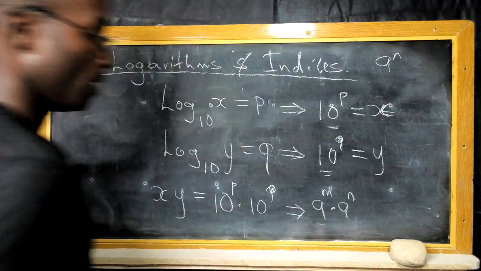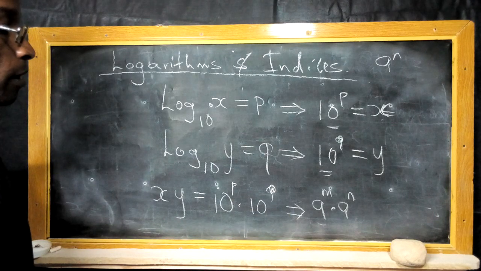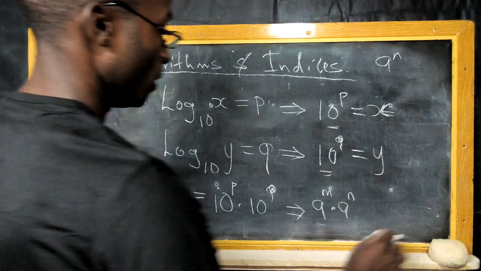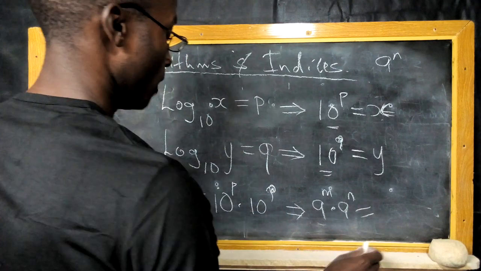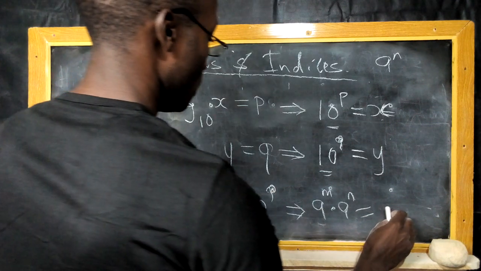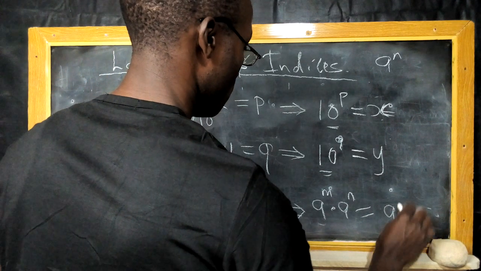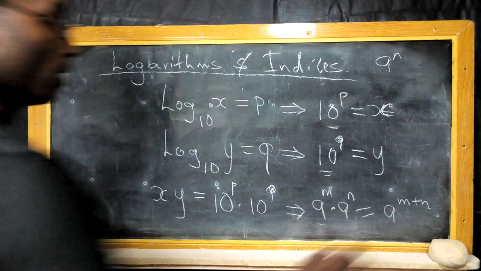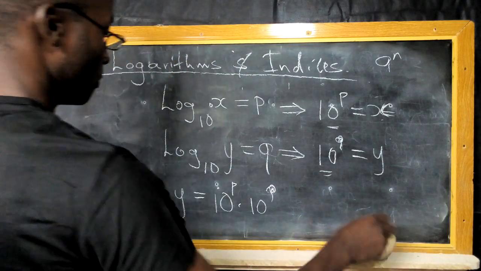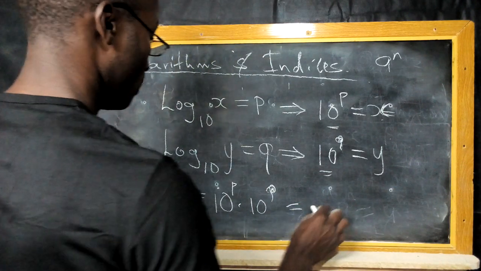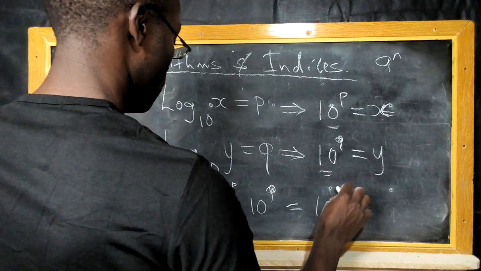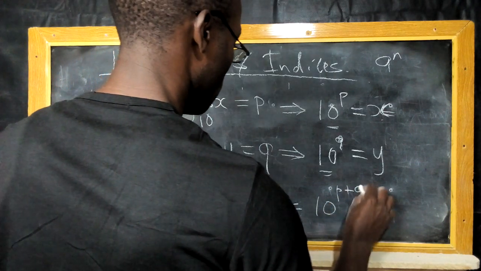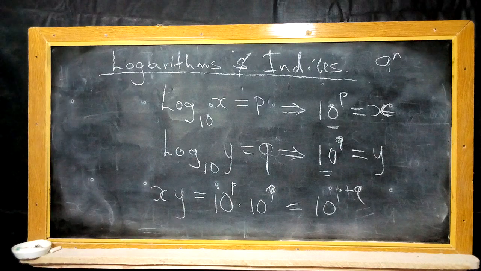Then whatever we were doing for this kind of expression was to give the sum of the powers. This is the product rule, so we write it as a raised to power m plus n. So in this case, our expression will give us 10 raised to power p plus q. So if it's a product, then we add.